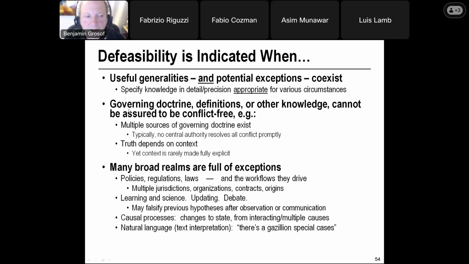It's indicated also when governing doctrine or definitions or other knowledge cannot be assured to be conflict-free, say because there are multiple sources of governing doctrine without a central authority, and because of context dependence, and specification of context. Many broad realms are full of exceptions: policies, regulations, and laws, and the workflows they drive, learning and science, updating and debate, causal processes, natural language.